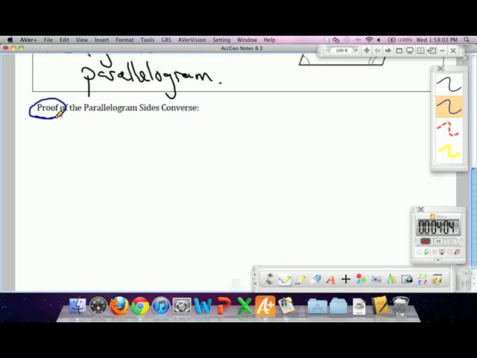To alleviate your fears, your homework is not going to be centered around lots of proofs today. However, just because your homework doesn't have a ton of proofs doesn't mean you shouldn't ask why it works. Why is it true? So I want to reason you through exactly why this needs to be true.